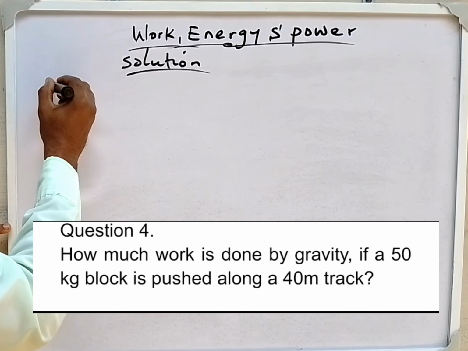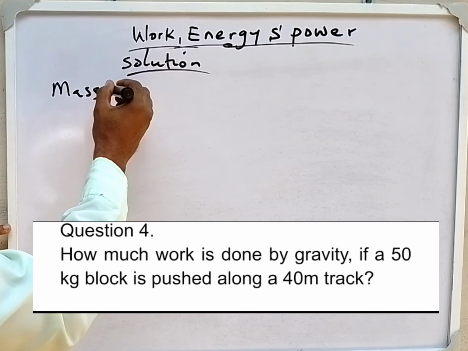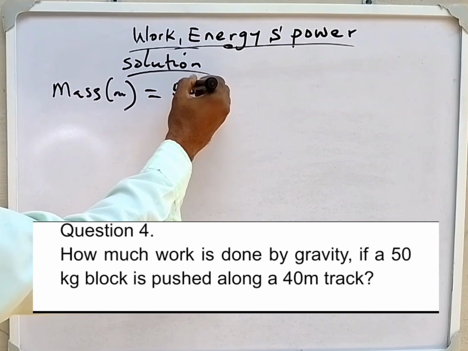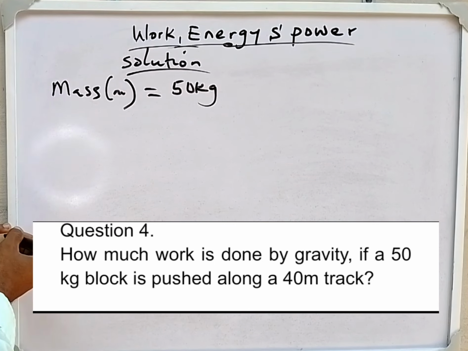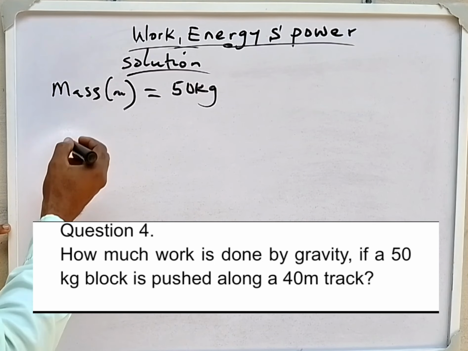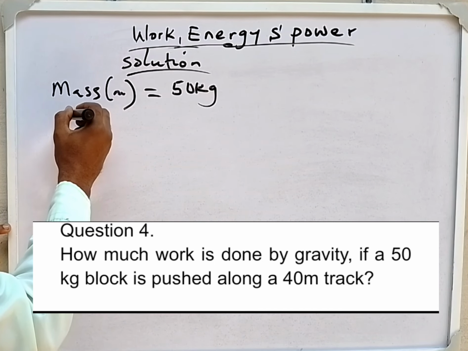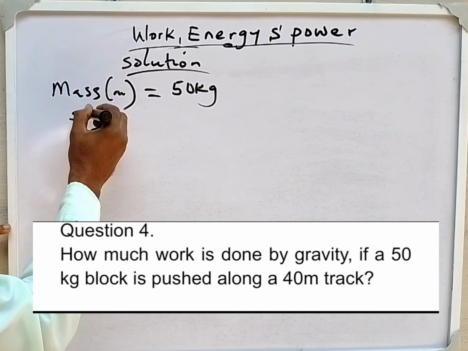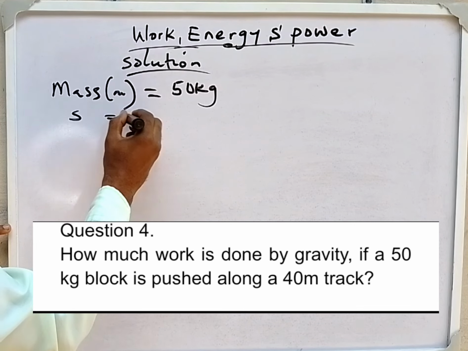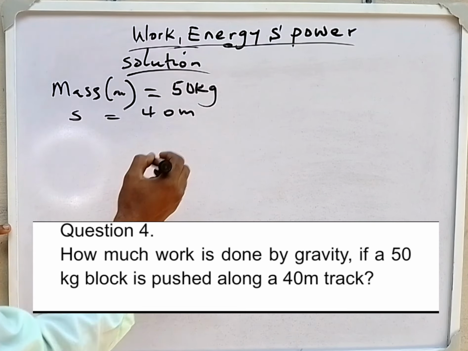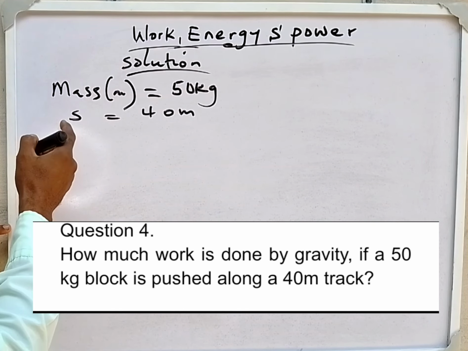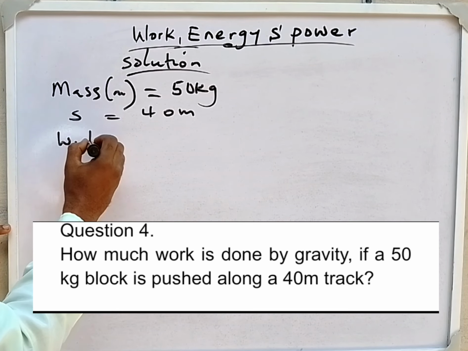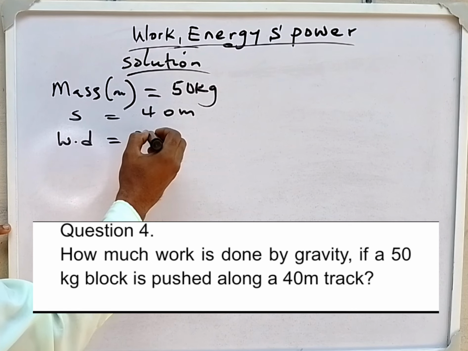The parameters in the question: the mass is 50 kg, and the distance moved, which is along the track, is 40 meters. And we are asked to calculate the work done by gravity. So work done by gravity is equal to potential energy.